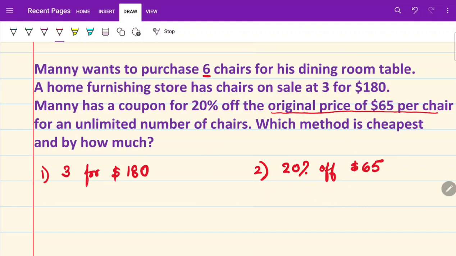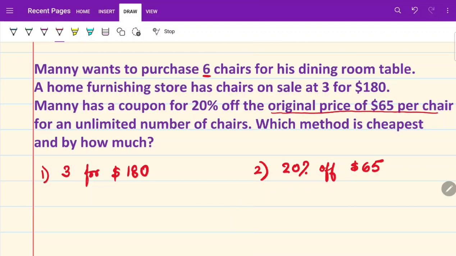So we have to find the final price of purchasing 6 chairs using each of these options, and then decide which one is cheaper and by how much.